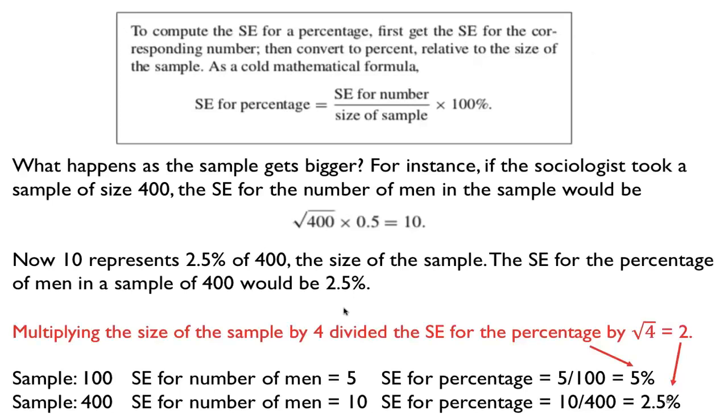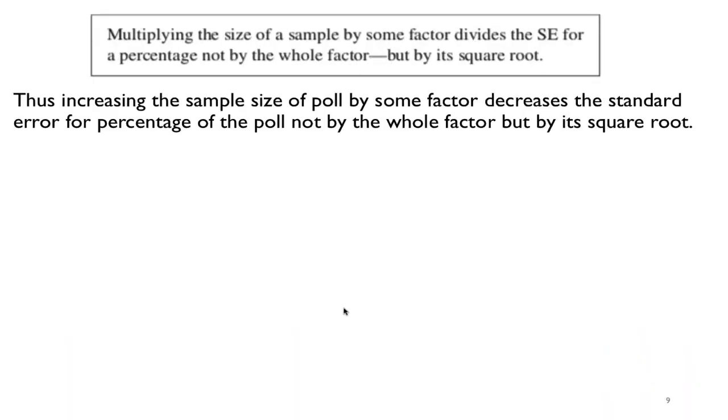So in this case, by increasing the sample size by 4, we were able to reduce the SE for percentage by the square root of 4, which is 2. So increasing the sample size of a poll by some factor decreases the standard error for percentage for the poll, not by the whole factor, but by its square root. This is important as we think about things like the cost of polling.